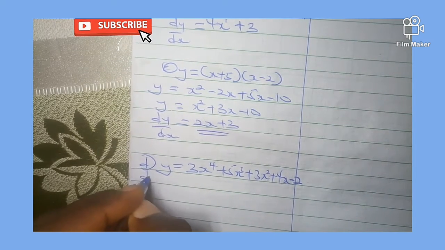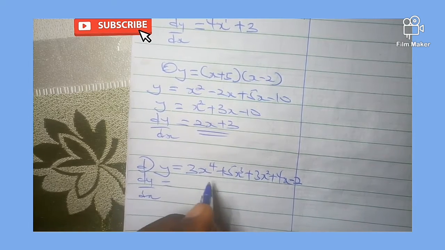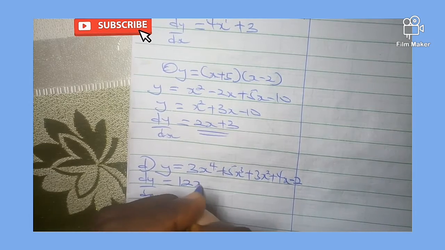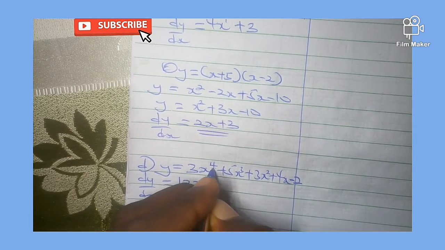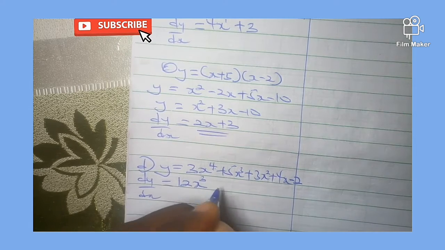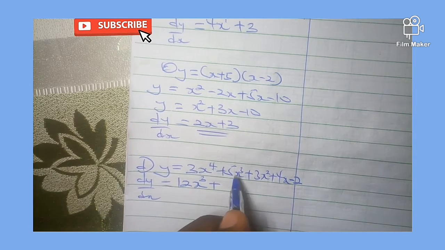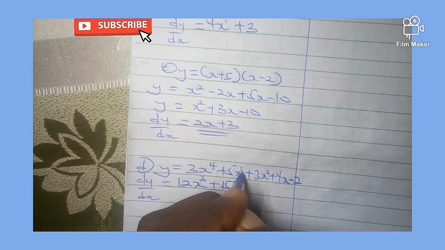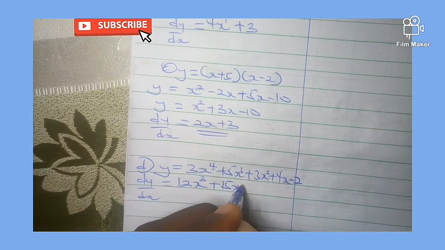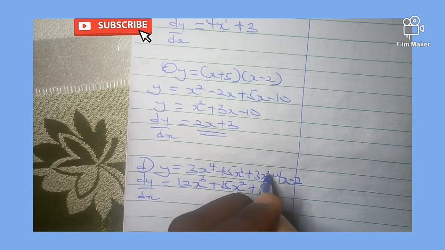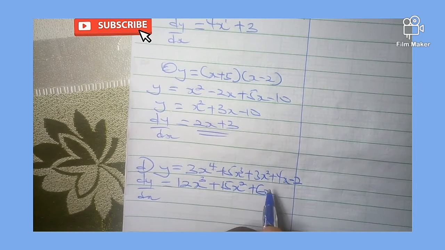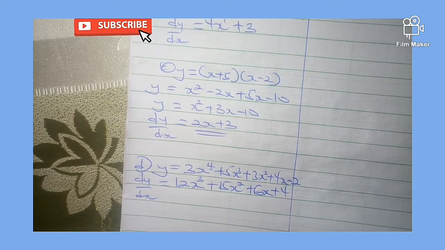So over here, dy/dx is equal to 3 multiplied by 4, making 12x, and this 4 is reduced by 1, so 4 minus 1 is 3, plus 3 times 5 gives me 15x, and this 3 is reduced by 1, making 2, plus 3 times 2 giving me 6x, and 2 minus 1 is 1, plus 4. Good. So this is how we differentiate it.